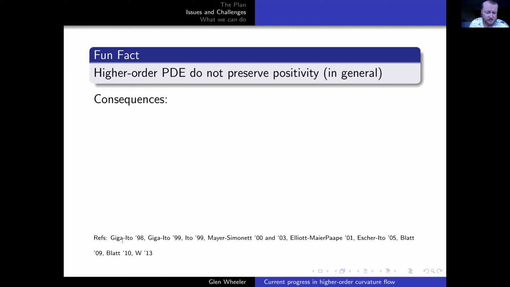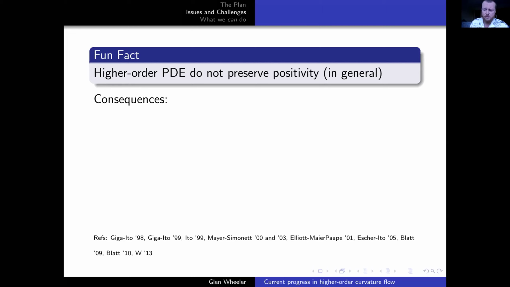But these papers, this Giga and Ito, and Ito, these were really the first papers, as well as I think it's worth mentioning this Elliott, Maier-Paape paper. This talks about non-preservation of graphicality. And Giga Ito here and here is about non-preservation of embeddedness, you know, and non-preservation of convexity.